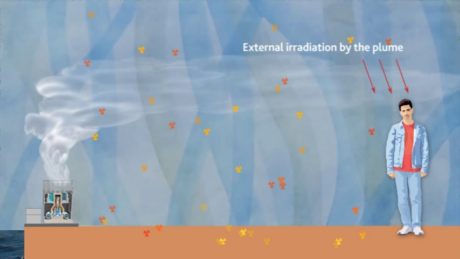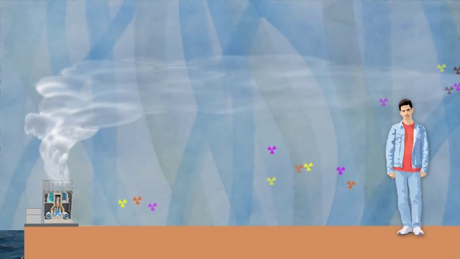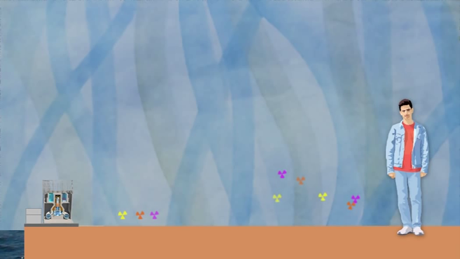Organisms are exposed to radioactive particles in the air, external irradiation by the plume, and internal contamination by inhalation. The risks of being exposed are gradually reduced as the radioactive plume becomes diluted in the atmosphere.